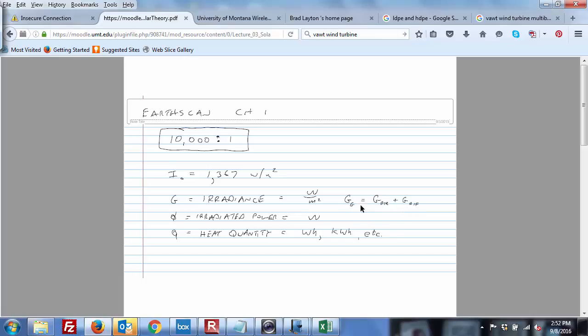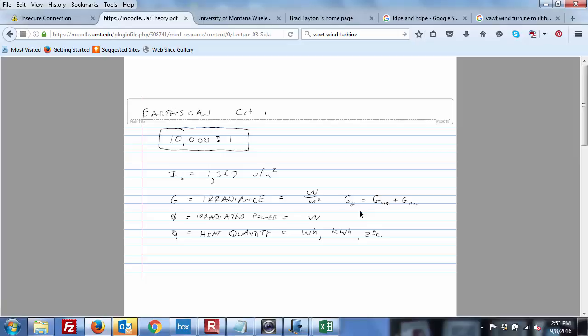In any solar gain, you might have sunlight coming in directly, and you might have diffuse sunlight, which might get you over that 1367. The number phi stands for irradiated power, and that's just in watts.